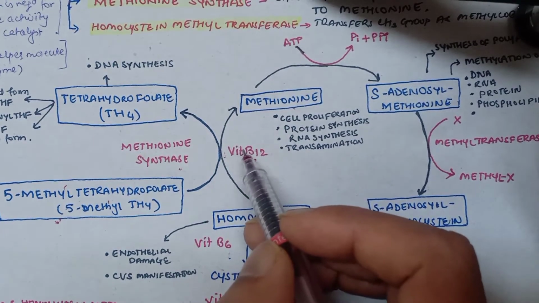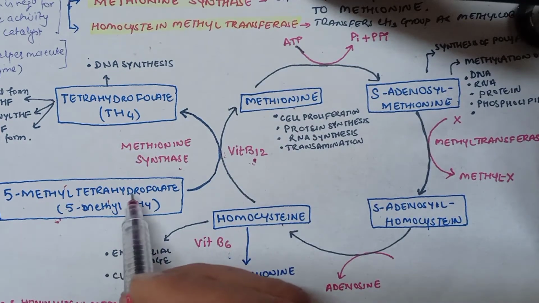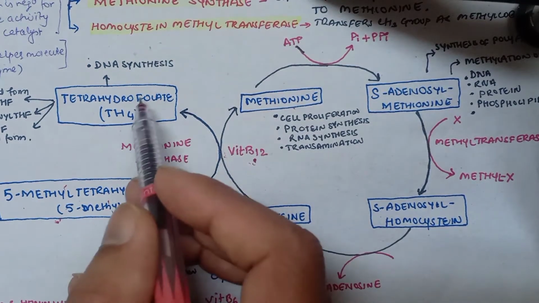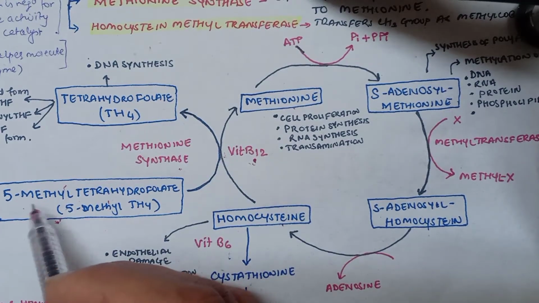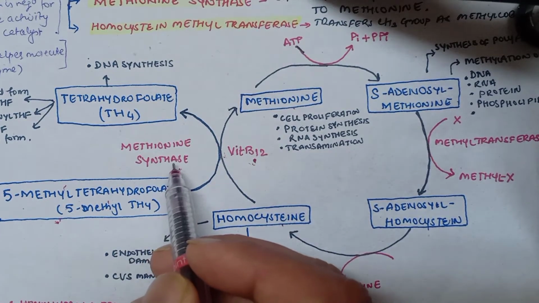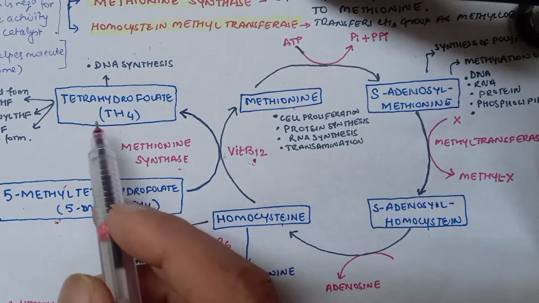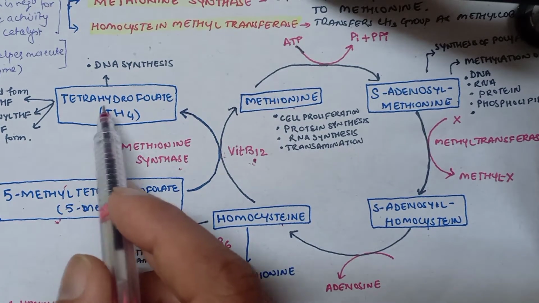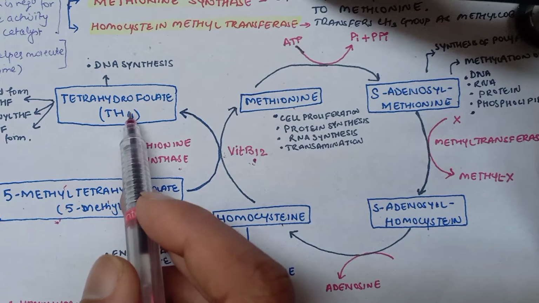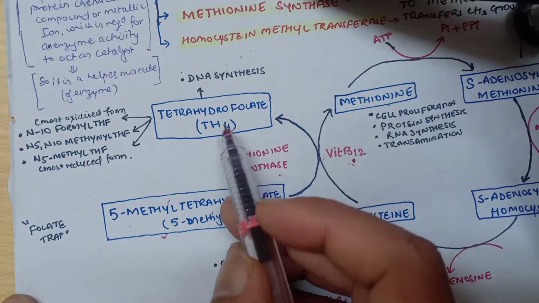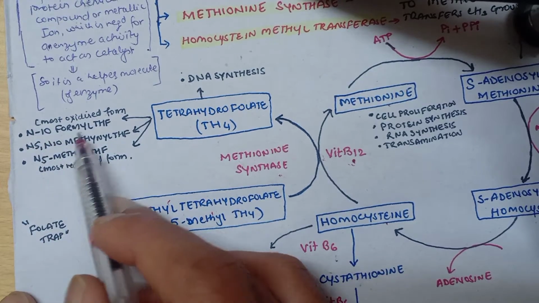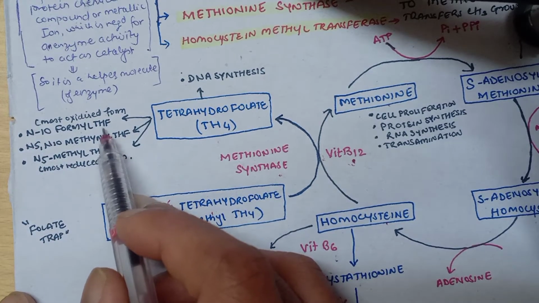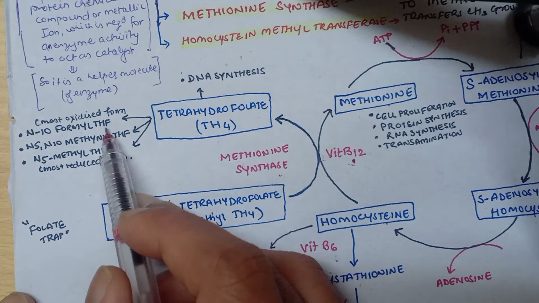and during the process 5-methyl tetrahydrofolate will get converted into tetrahydrofolate after losing its methyl group in the presence of the enzyme methionine synthase. Here tetrahydrofolate has various forms. Tetrahydrofolate can get converted into N10-formyl tetrahydrofolate, which is the most oxidized form of tetrahydrofolate.